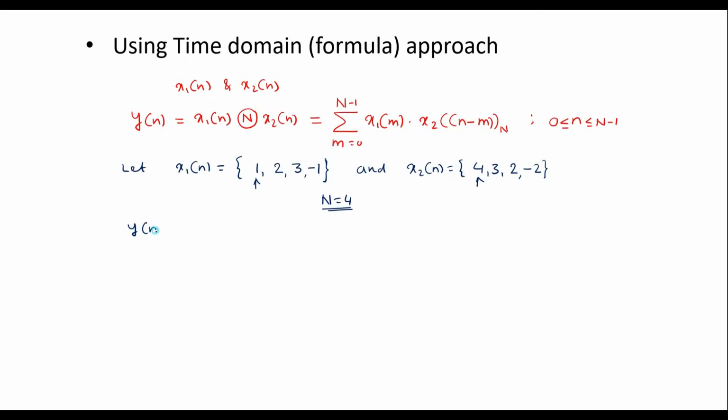Therefore, we'll take this formula: y of n is equal to x1 of n circular convolution of 4 x2 of n, which can be represented as summation m equal to 0 to N minus 1. N is equal to 4, so it is 0 to 3, x1 of m x2 of n minus m modulo 4. We'll call it equation 1.